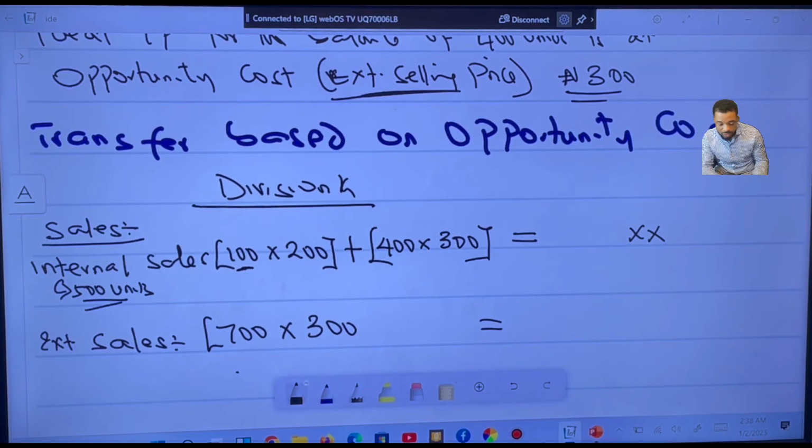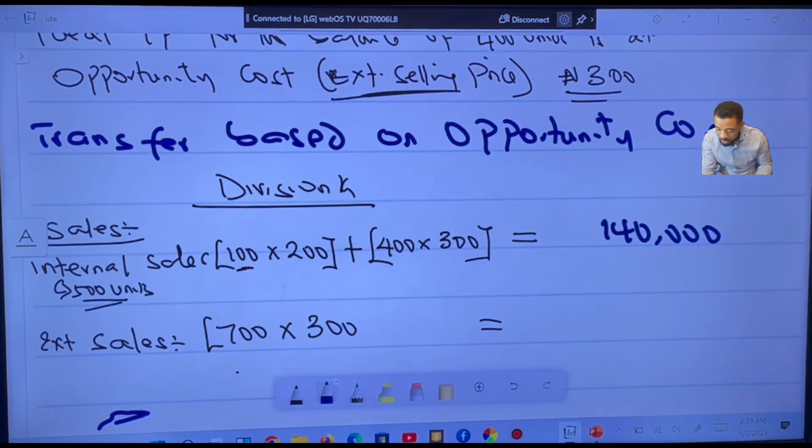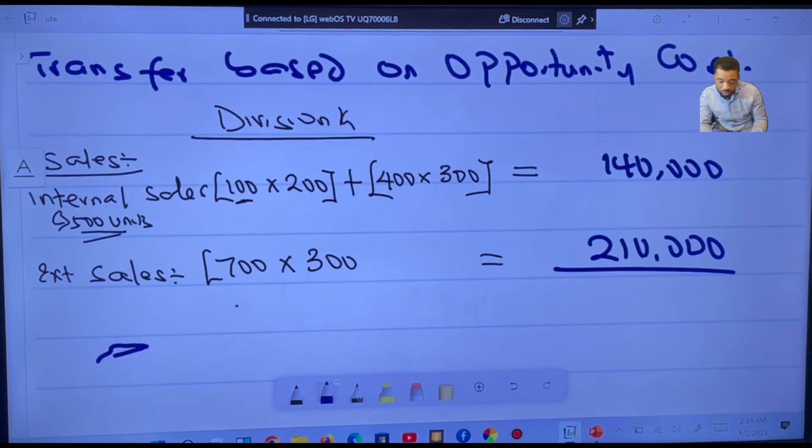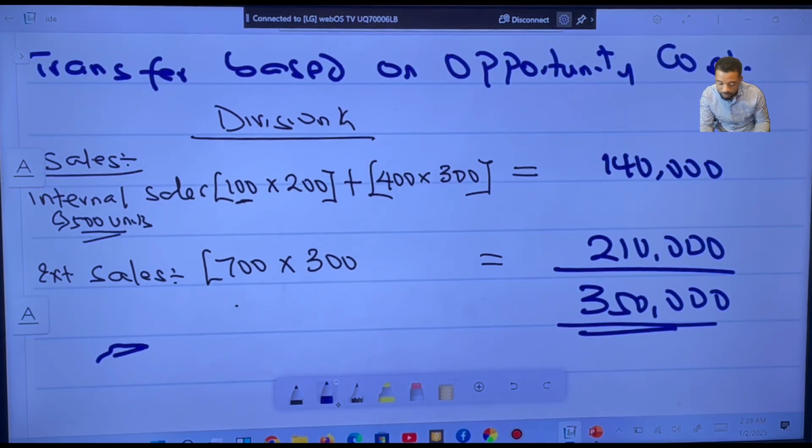And so if I do this effectively, 100 times 200 plus 400 times 300, 120,000, that gives 140,000, and 700 times 300 gives 210,000. So the total sales for this division is simply 350,000 naira. So this becomes the total sales if it's based on opportunity cost.